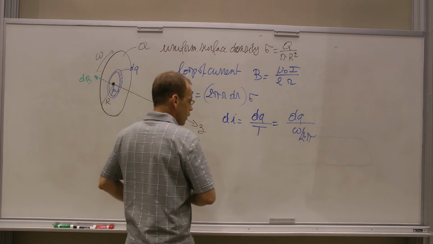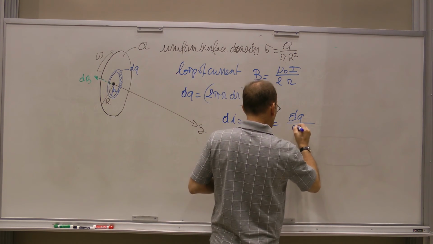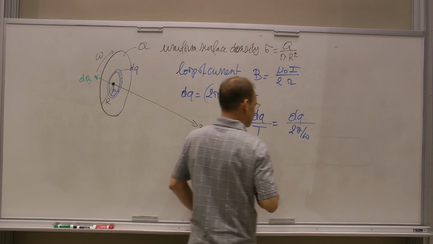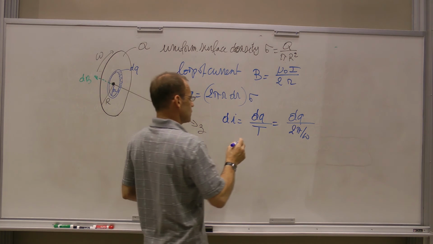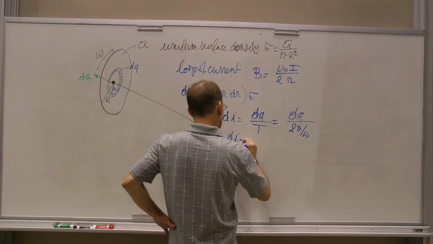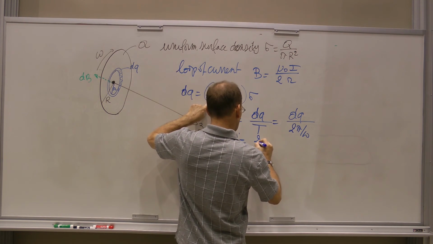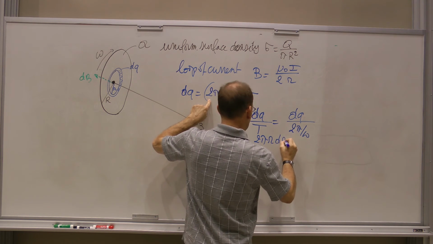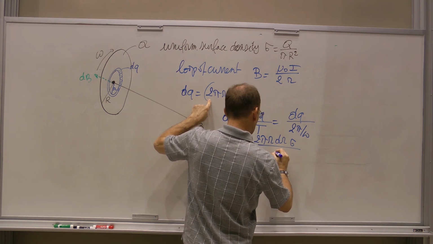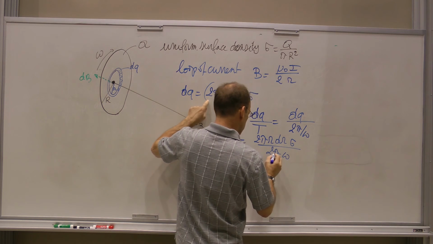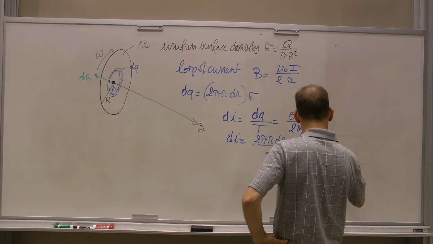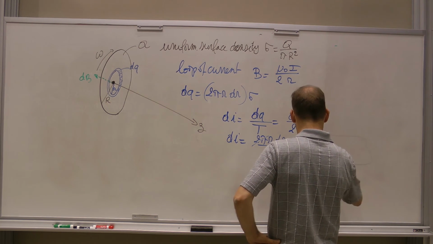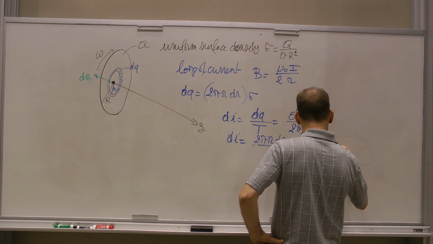So unit-wise, it does not work. This is T equals 2 pi over omega. Here we go. So we now have our connection. di is going to be equal to dq, 2 pi r dr sigma, divided by 2 pi over omega. The 2 pi cancels out, and we're left with sigma omega r dr.